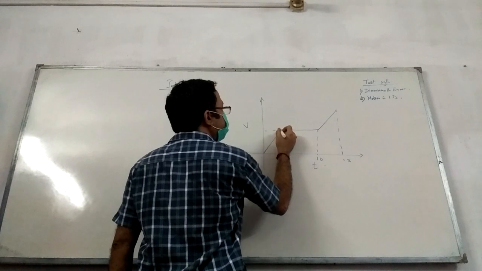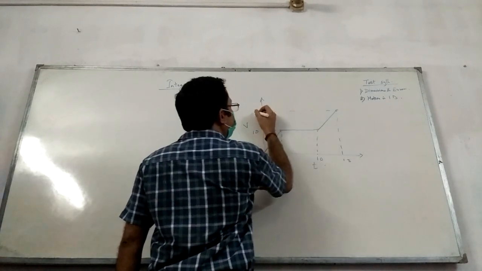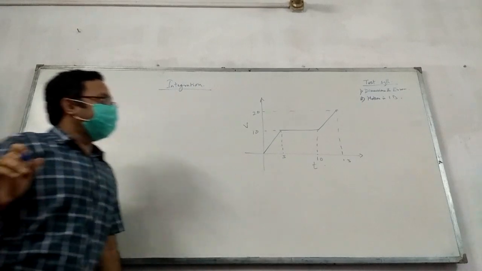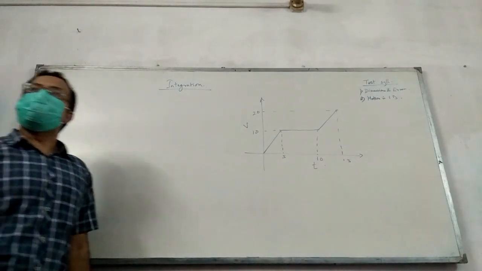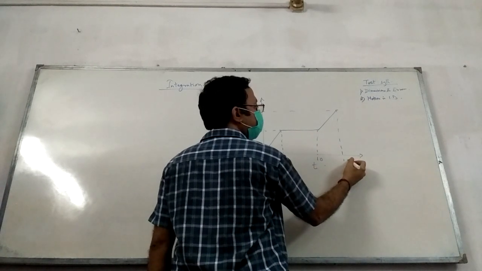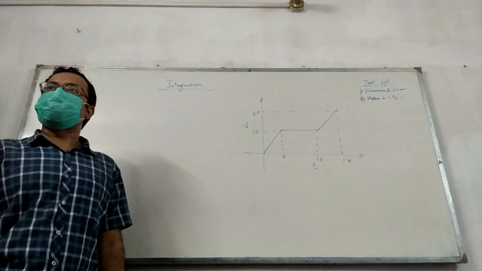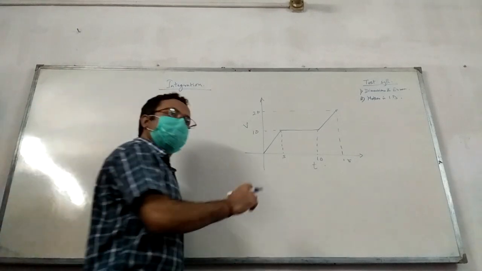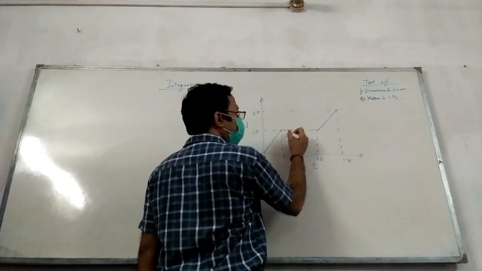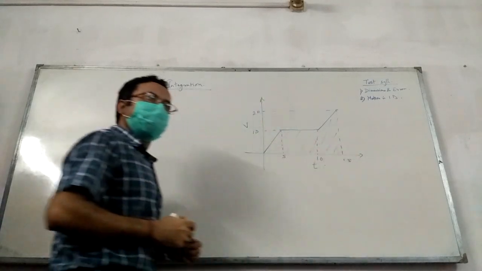Say this velocity is 10 meters per second and this velocity is 20 meters per second. Now if I ask you how much is the displacement from 5 seconds to 15 seconds, how do you find that out? Displacement from 5 seconds to 15 seconds is the area. This is the area we need.